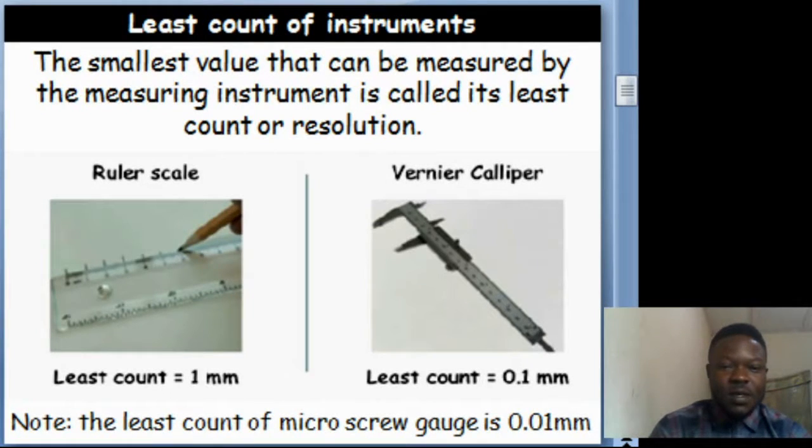So that of micro screw gauge is 0.01. That one is more accurate. It has more accuracy than the ruler and the vernier caliper. The micro screw gauge can measure a length that is as small as 0.01 millimeter.